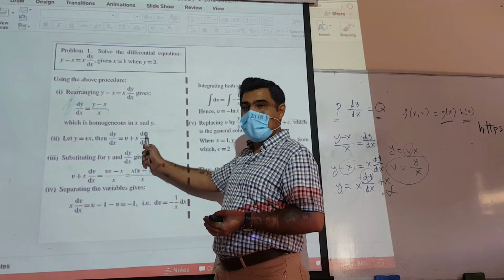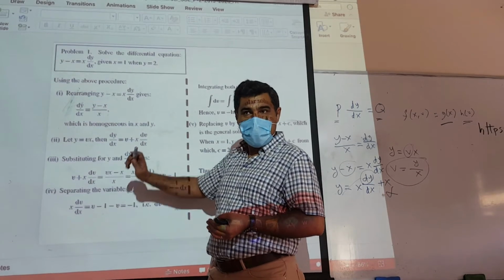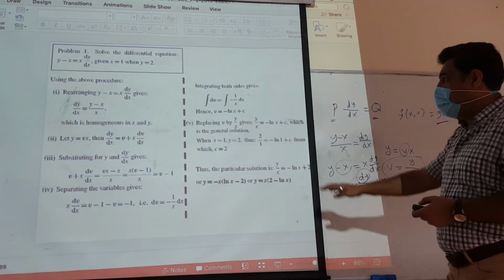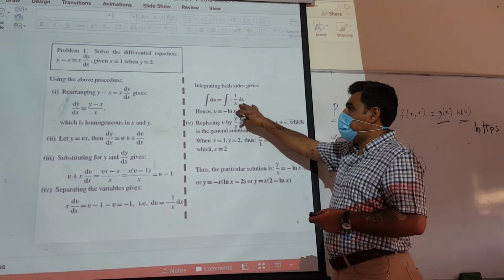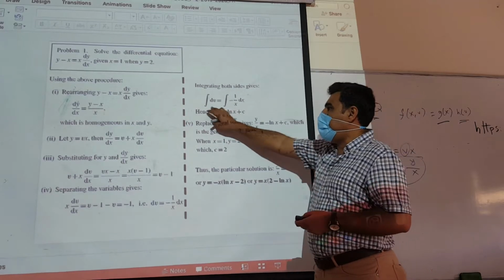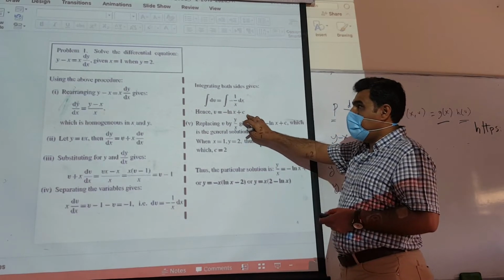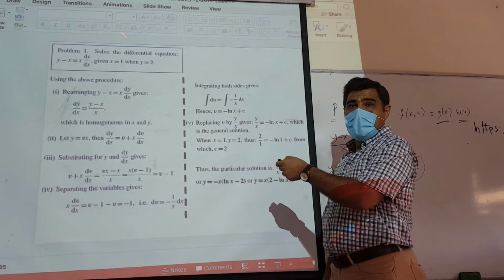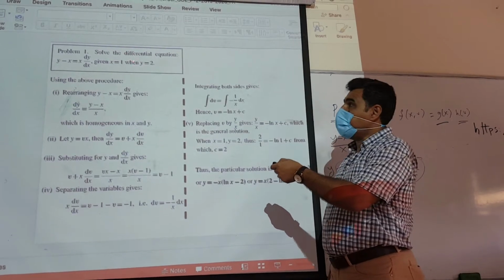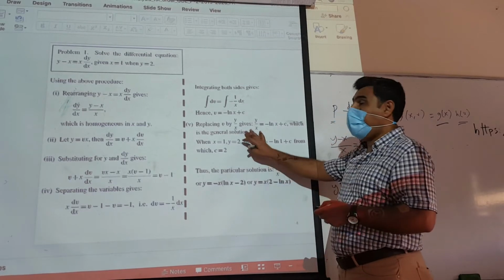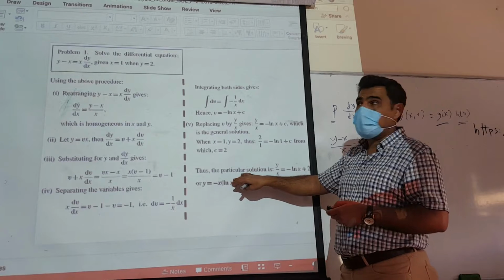So now you have two parts. You will take integration. You have a general solution. Since we were given an initial value, or we were given a point, for example, we can have the particular solution.